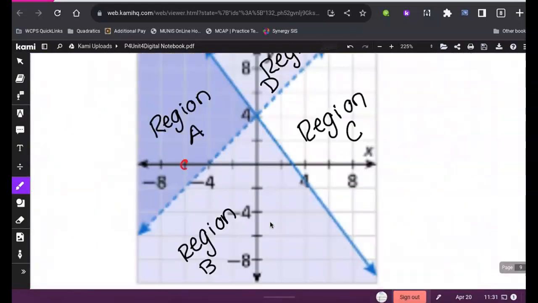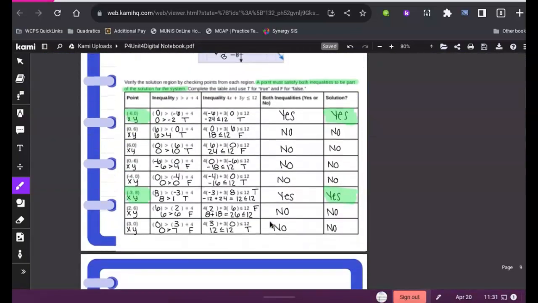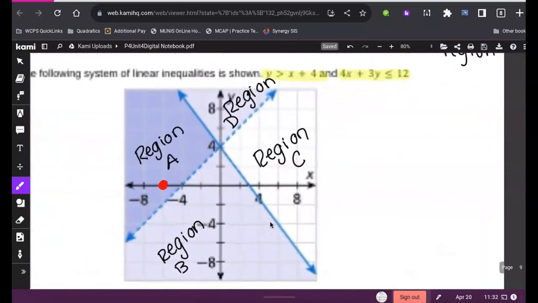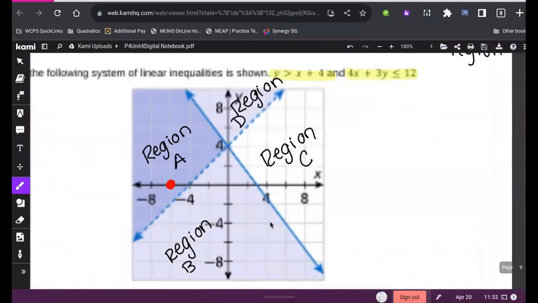That's this point right here. And then the second coordinate, which was a solution, is negative 3, 8. Go over to negative 3 and up to 8. Okay, so the red points are solutions.